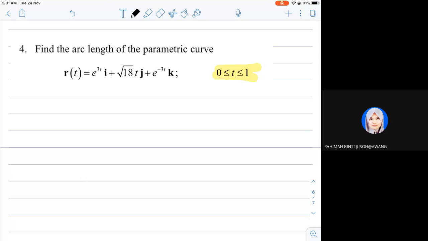We need to find r prime t. Differentiating the exponent, we will have 3 exponent 3t, and then square root 18. Square root 18 is just a constant, so we get square root 18. And then we have negative 3 exponent negative 3t.